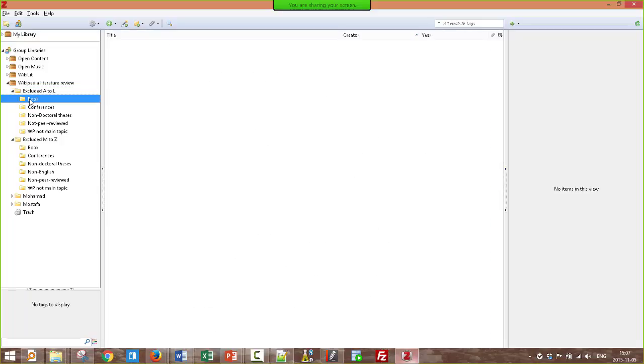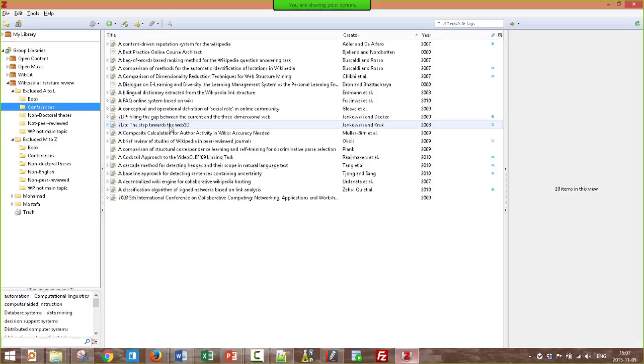Then here, these ones were excluded because, okay, that's a category. None were here, but in our review, we said we're not going to include any books. So there's no books, so none in that category. We decided we would not include conferences. There's reasons for that I don't want to get into. But we decided we would not include conference articles, so articles that were conferences were put in here.